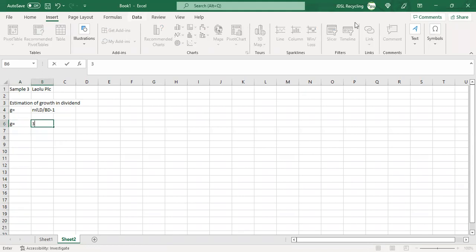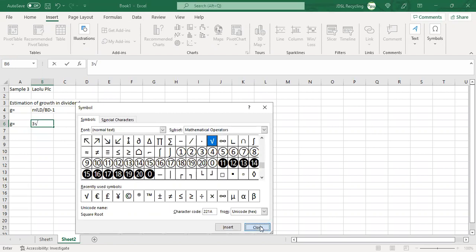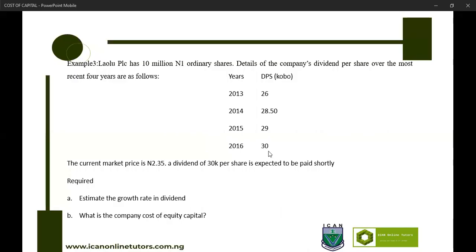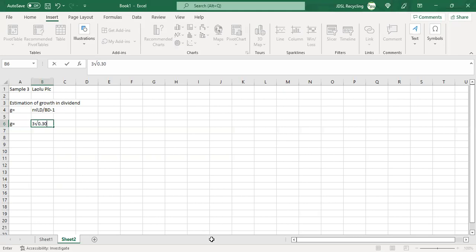From that information, growth will now equal the cube root, since the number of years is 3, right? Yes. What is our latest dividend? 30 is our latest dividend, while the base dividend is 26. So 0.30 divided by 0.26, minus 1.